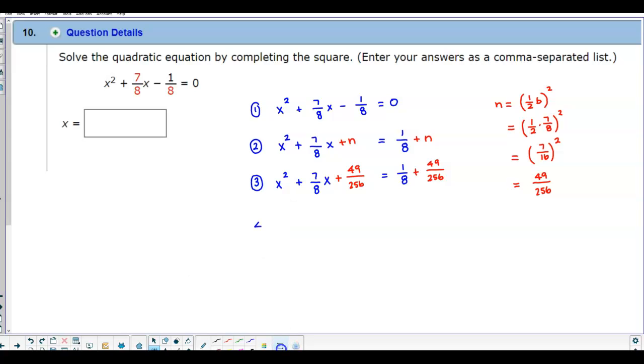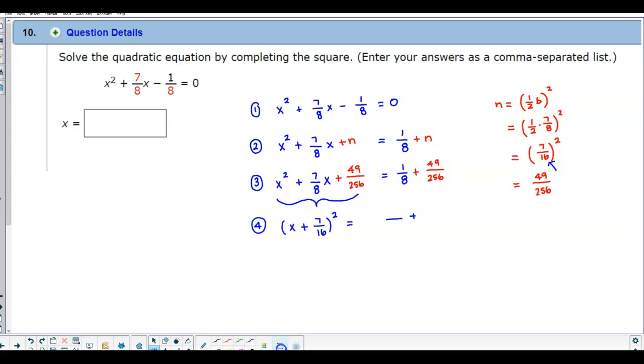Now in step 4, we're now going to factor this. And keep in mind, what did we have to square to get 49 over 256? Well, it was plus 7 over 16. So this is going to factor into x plus 7 over 16 squared.